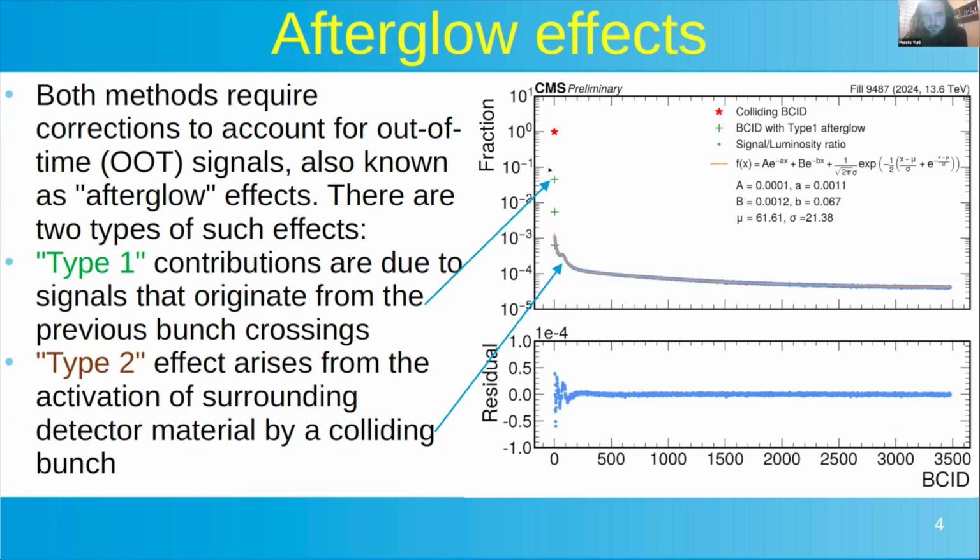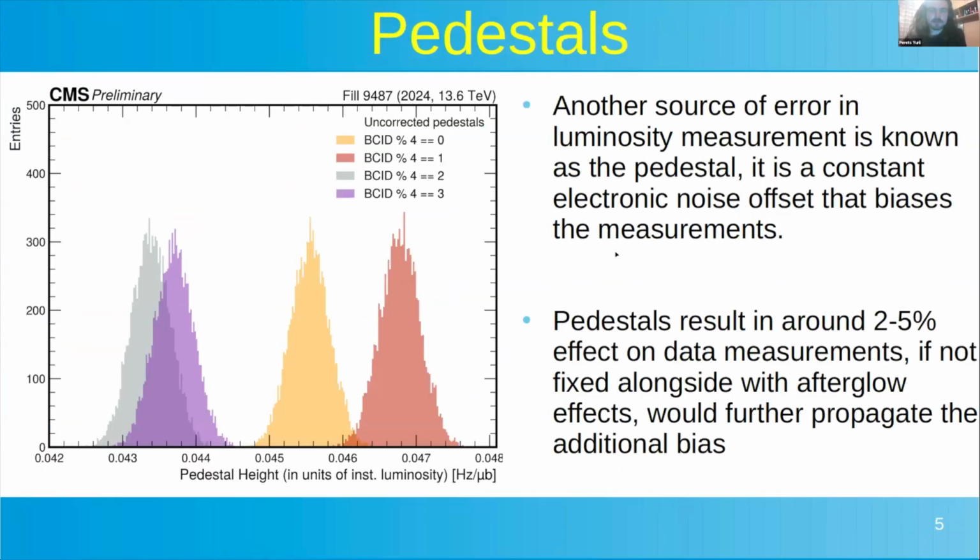Then the green pluses are our type 1 afterglow, and this exponential-like decaying line is our type 2 afterglow. Another source of error in luminosity measurement is known as the pedestal. It is a constant electronic noise offset that biases our measurements. Pedestals could result in around 2 to 5% effect on data measurements, so they should be fixed alongside afterglow type 1 and type 2 effects.